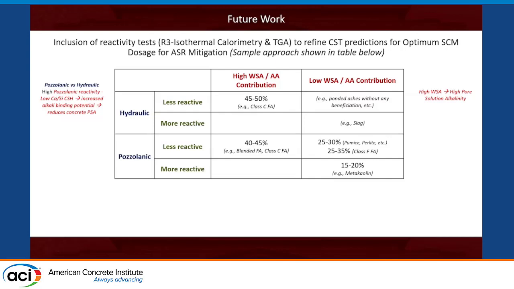So if you use the alkalinity of the pore solution very effectively, you need a lower quantity. But class C adds extra soluble alkali, increases the pore solution alkalinity, so you need more quantity. So there is a relation. Class C more, metakaolin less, class F and natural pozzolan in between.